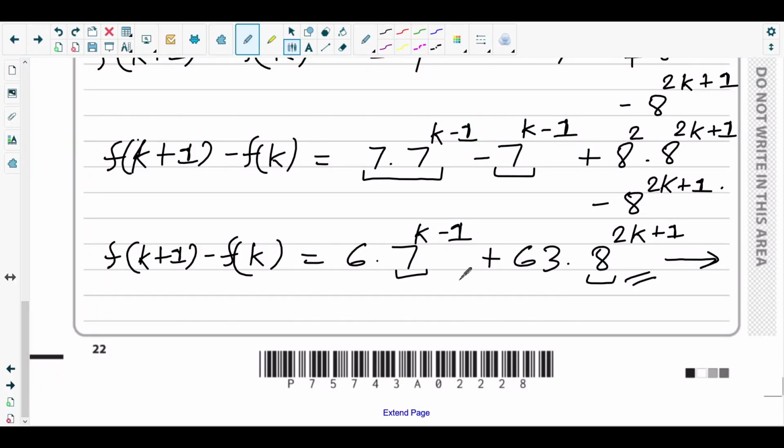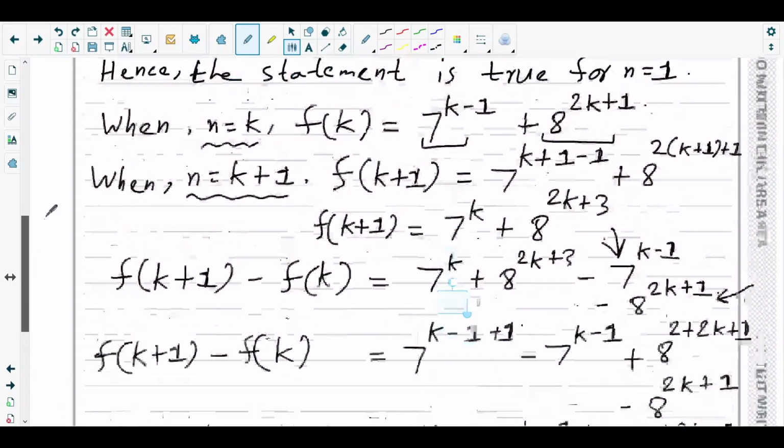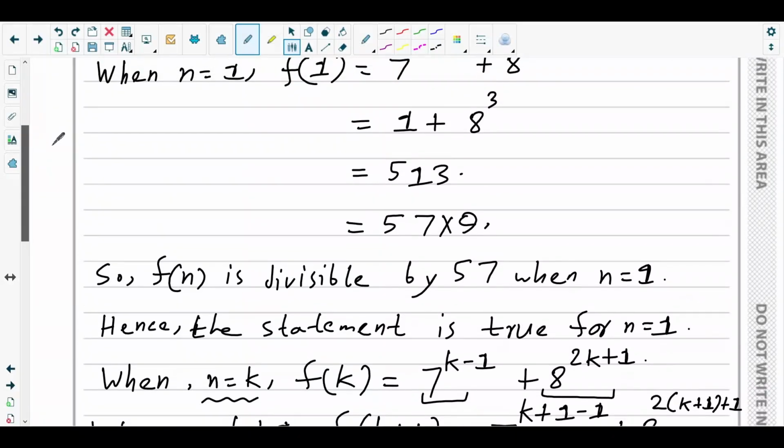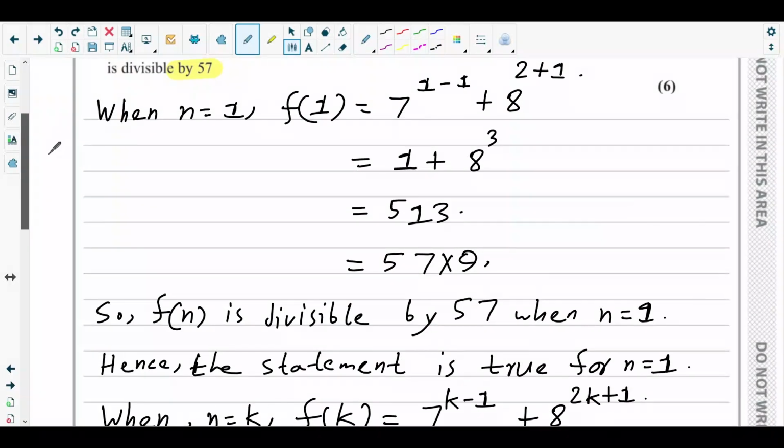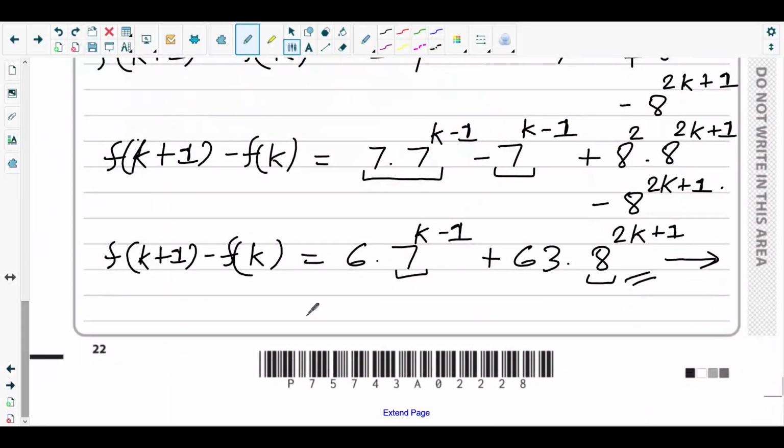Okay, let's write the equation for f of k. It is basically 7 to the power k minus 1 plus 8 to the power 2k plus 1.